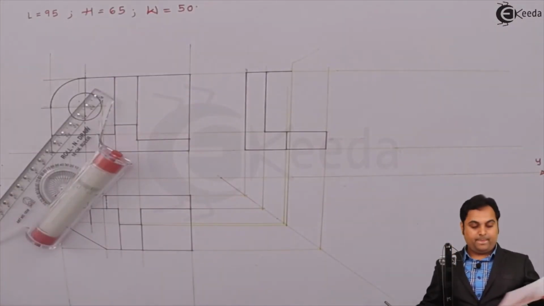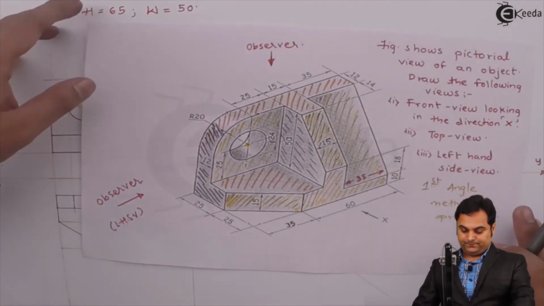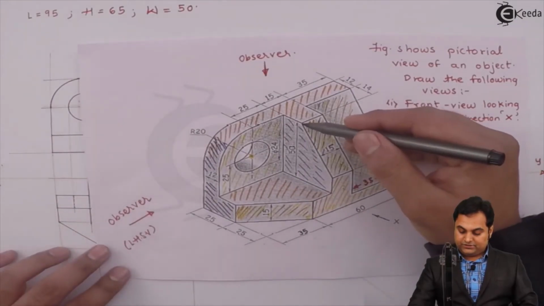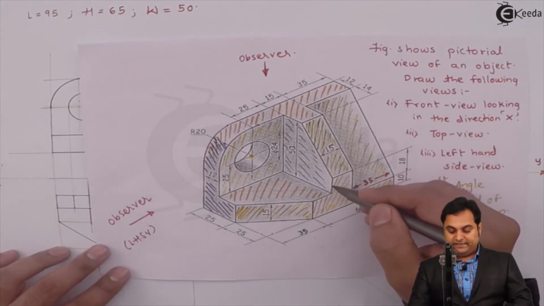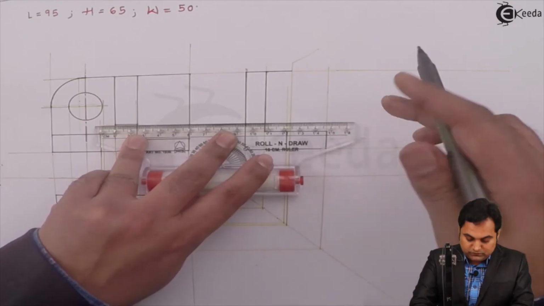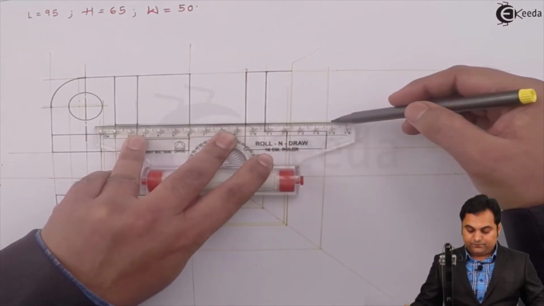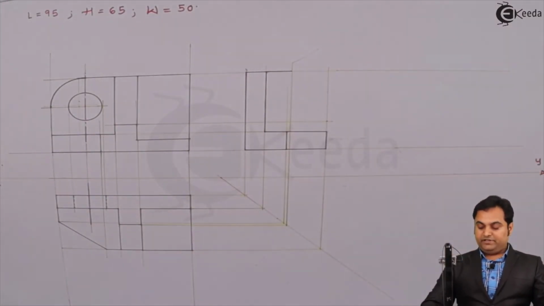Next, it is connected at a distance of 18 mm height. So that 18 mm height, I am already having it in the front view. So projecting it light. Now where it is cutting this portion, I'm getting that 18 height.